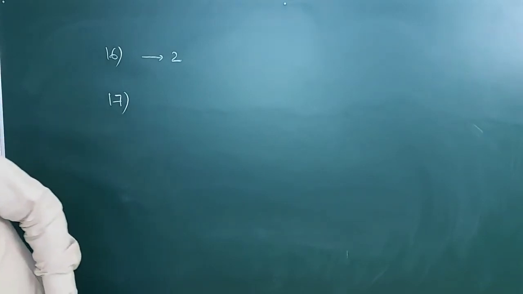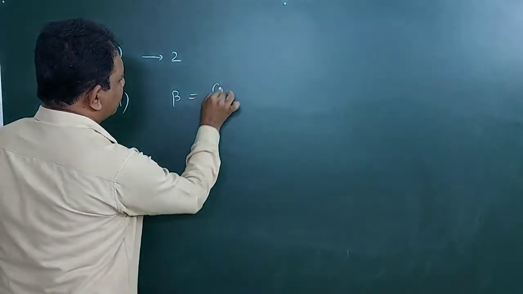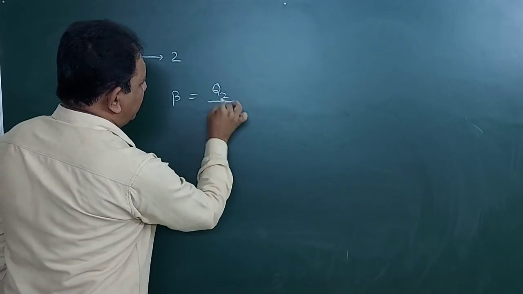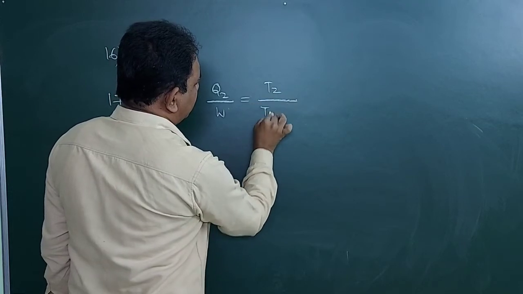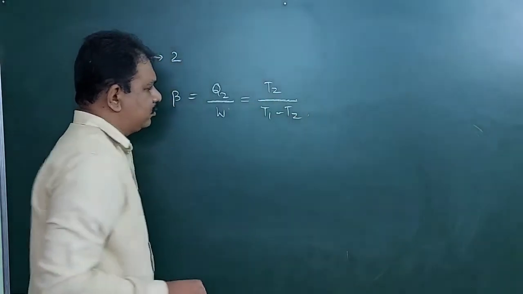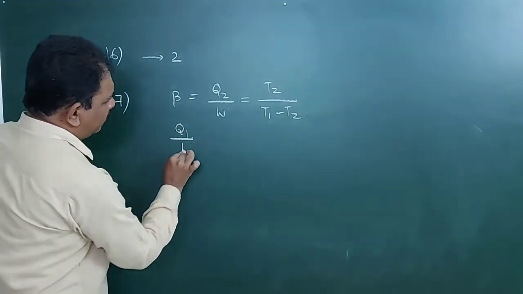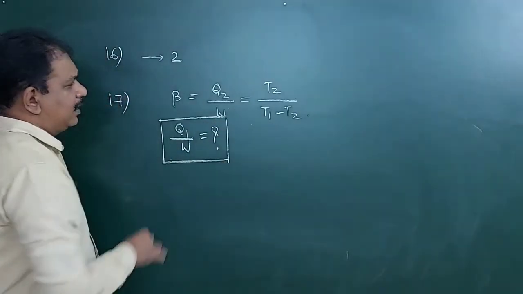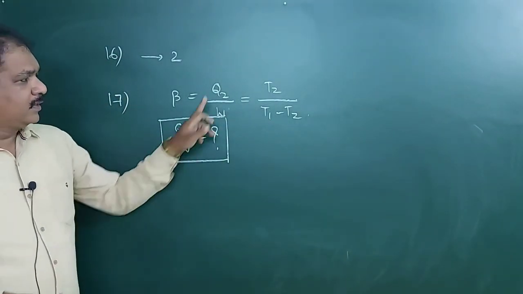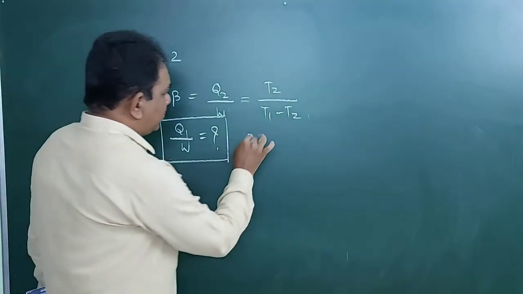So here beta is equal to Q2 by W. This is T2 by T1 minus T2. What they are asking is how much Q1 by W is. We'll use this one. First we will find Q2 by W.